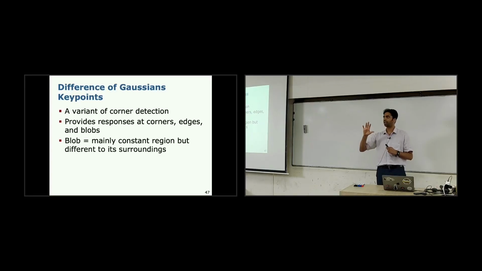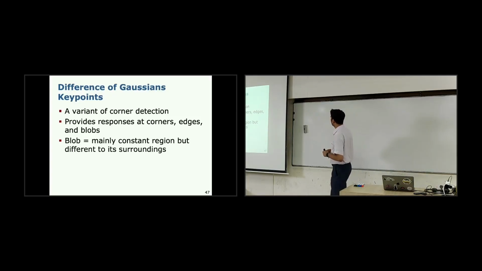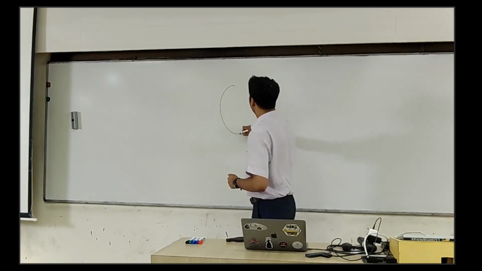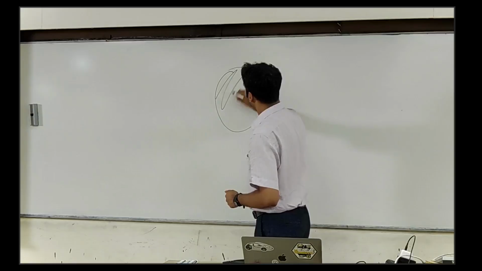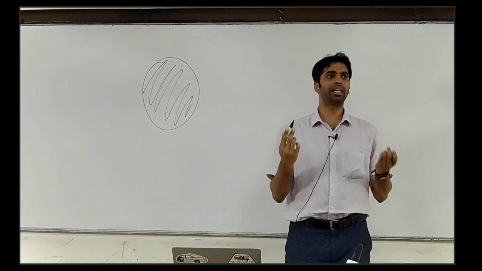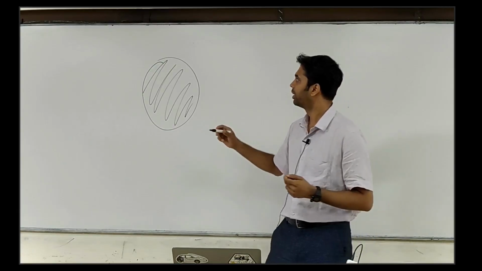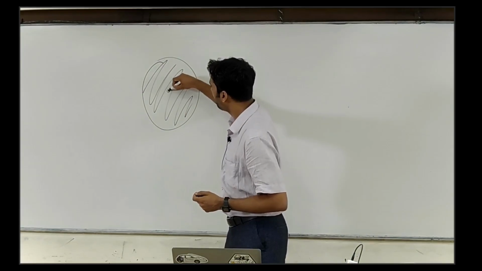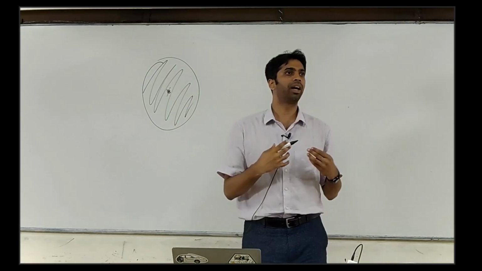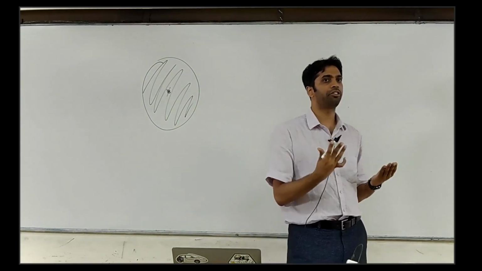So blobs are, let's say, one big structure that is consistent in the environment. So maybe a blob could be, if this is the whiteboard, and all of this, let's say, is black. As a uniquely identifiable key point, describing this whole patch, or let's say getting the center of this patch, is also a uniquely identifiable or re-identifiable feature.